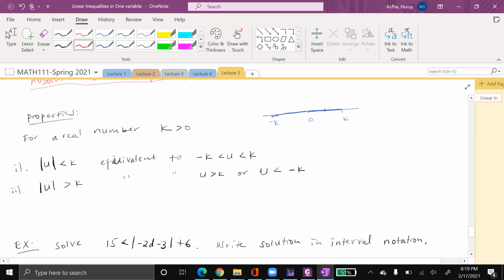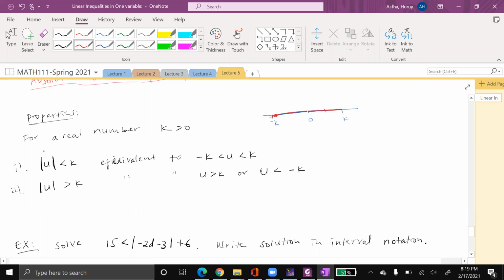How about if I pick a number from here? Is the distance of this number from 0 less than the distance of k from 0? The distance of k is the same as the distance of negative k. Yes, this is smaller. Therefore, all numbers in this interval satisfy this condition.